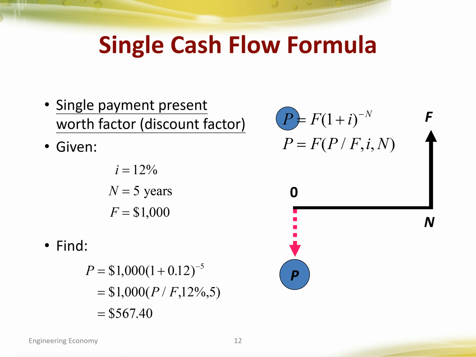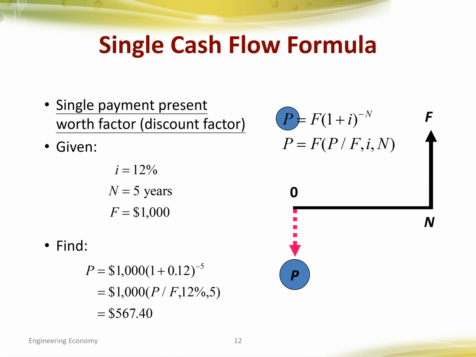But we can also represent it by a symbol. Again, it's 1,000 times (P/F, 12%, 5).